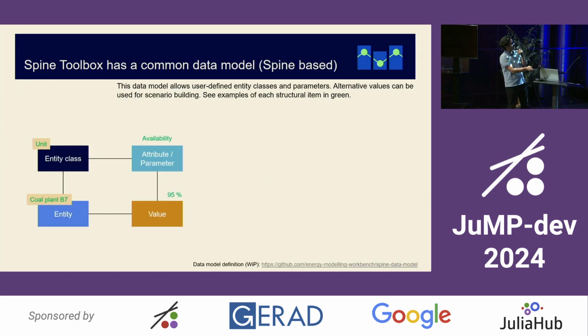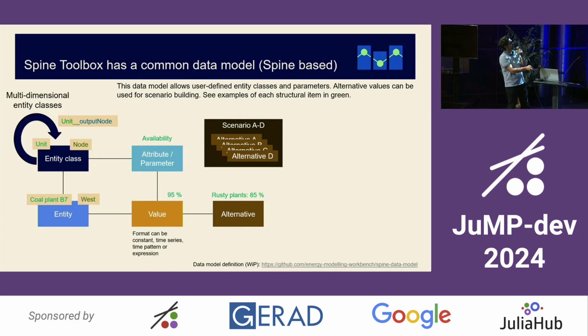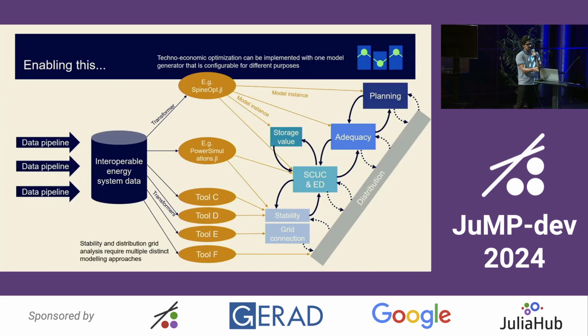I will just go quickly here. It's how we create this database, but for the sake of time, it's based on entity classes, basically, and we can relate entity classes in the database, and that's how we manage all the data in the system.